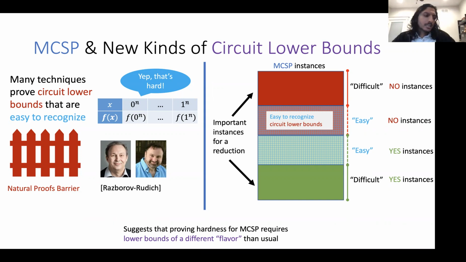That's an abstract concept. The application that I'm going to talk about at the end is an example of this. I'm going to try to exemplify a lower bound that comes up from our results that is of a different flavor than usual.